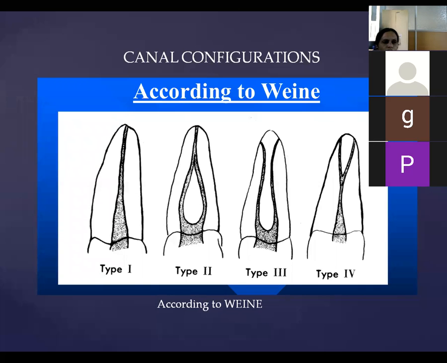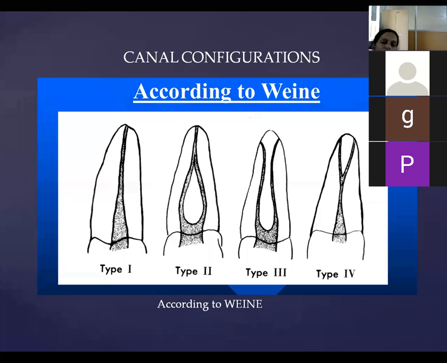I am giving this as an example. You all know that for the lower central incisor, one root and one canal is there. But if you get one root and two canals, it is also not abnormal. In 20% of cases, there is a chance that one root and two canals will be there. So if you have in your mind that you will get only one root and one canal, there is a chance that you may miss a canal.